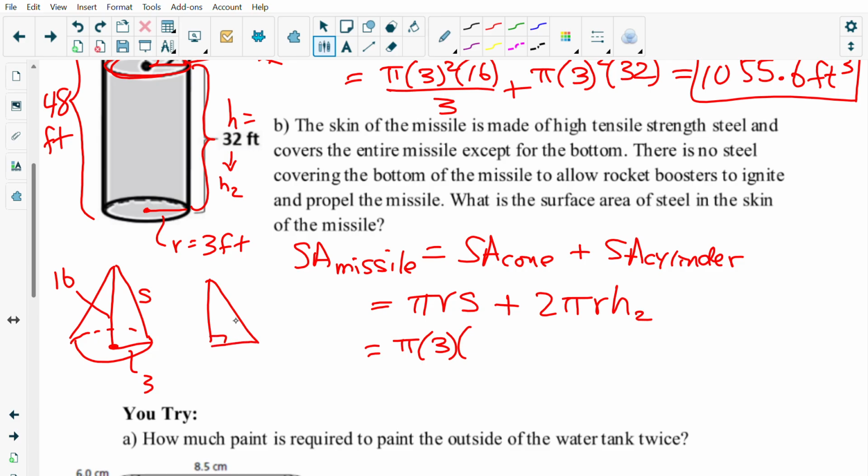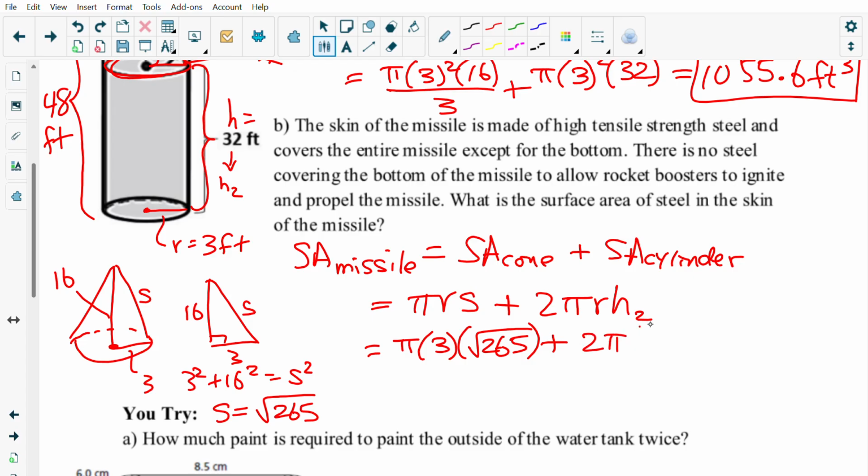So I need to go like this. 3 squared plus 16 squared equals s squared. Do all the work, I get s equals the square root of 265. And then the slant height is the square root of 265, plus 2 times pi times the radius, 3.